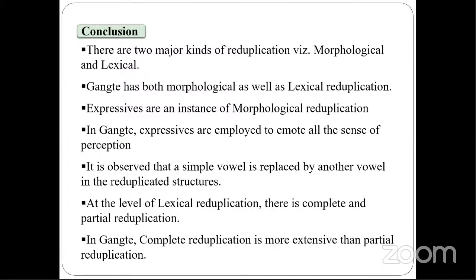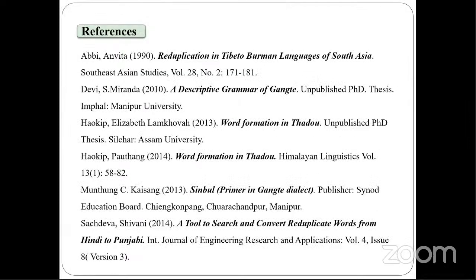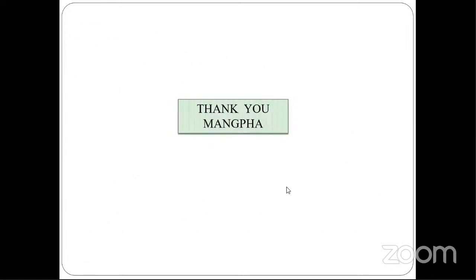It is observed that in morphological reduplication, a simple vowel is replaced by another vowel in the reduplicated structures. And at the level of lexical reduplication, there is complete and partial. In Gangte, complete reduplication is more extensive than partial reduplication. And these are my references, and thank you.